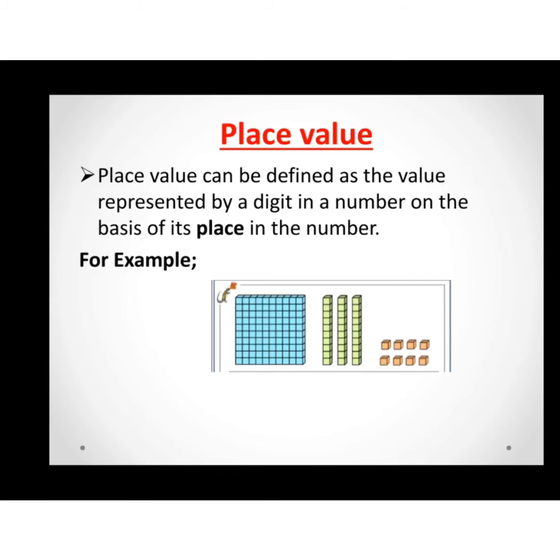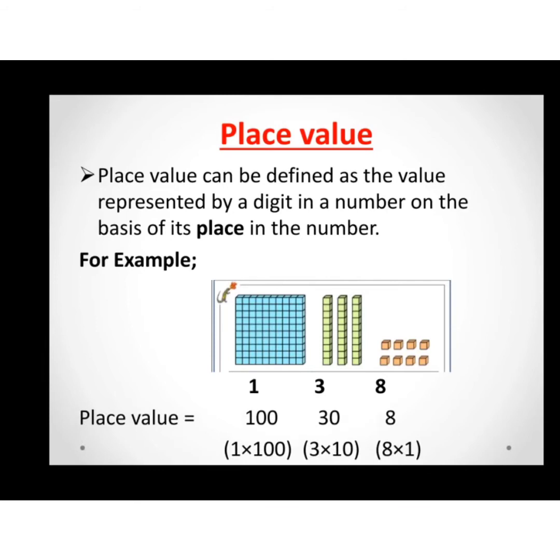That means we have the number 138. So, place value of 1 is 1 multiplied by 100 is equal to 100. Place value of 3 is 3 multiplied by 10 is equal to 30. And place value of 8 is 8 multiplied by 1, that means 8.